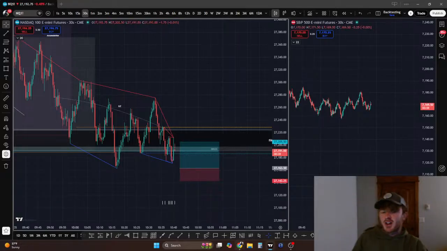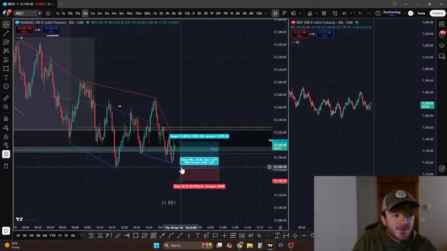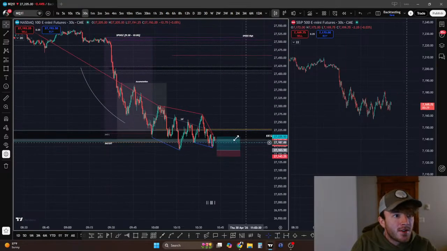So I'm going to be trying Dark Phoenix at that low there, and then if that does end up being Dark Phoenix, I will hodl to the Spoos High.